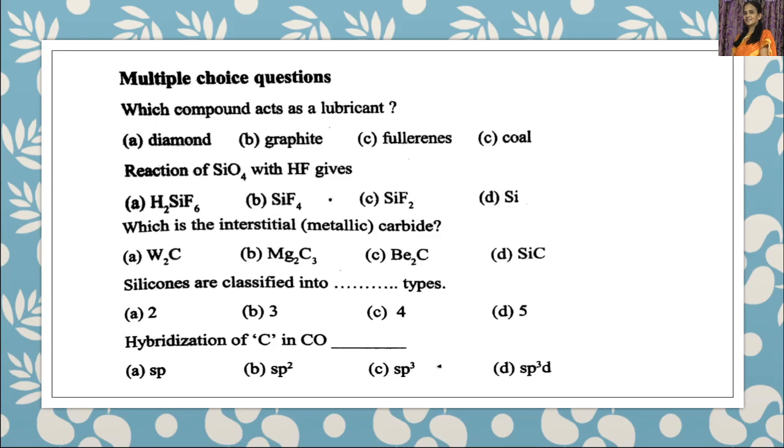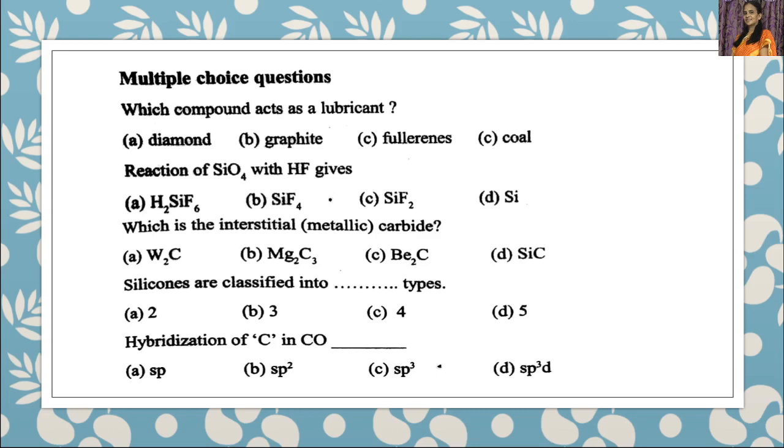And next question, let's see. Which is the interstitial carbide? The example for an interstitial or metallic carbide. Here we have first option tungsten carbide, then magnesium carbide, beryllium carbide, and the last one is silicon carbide.